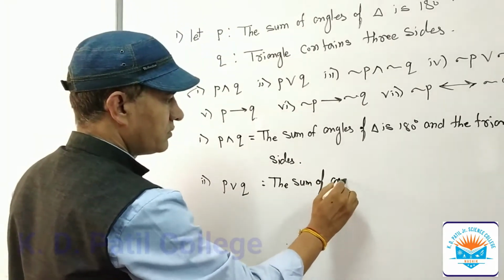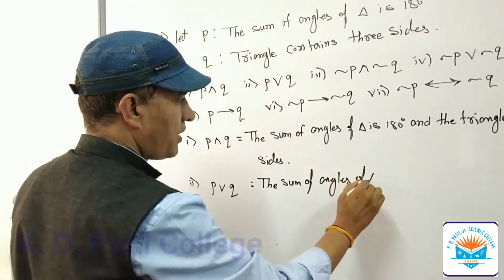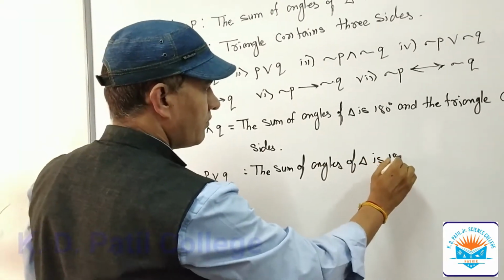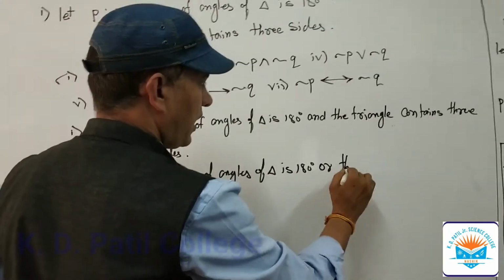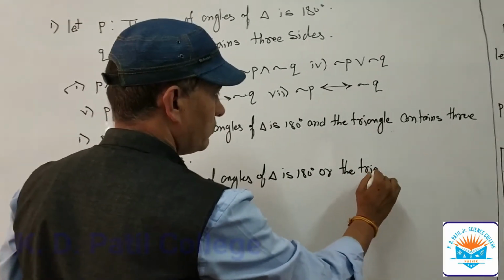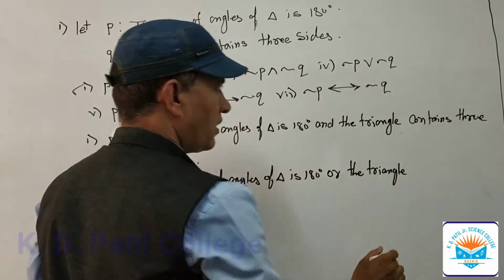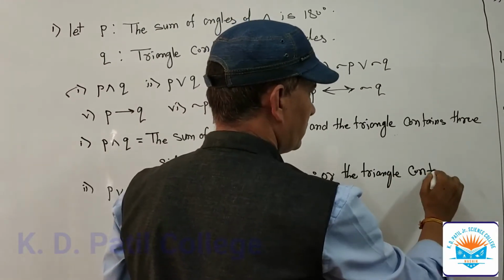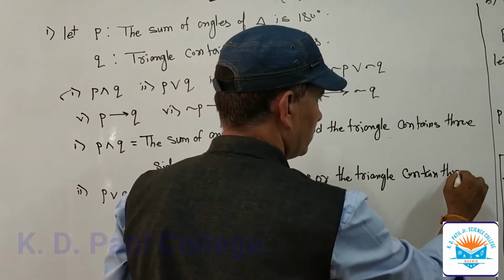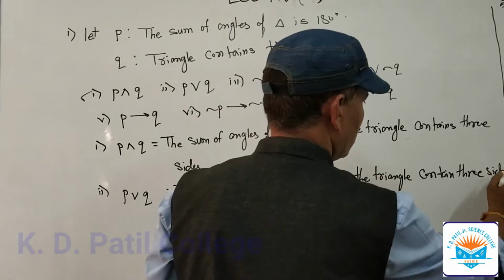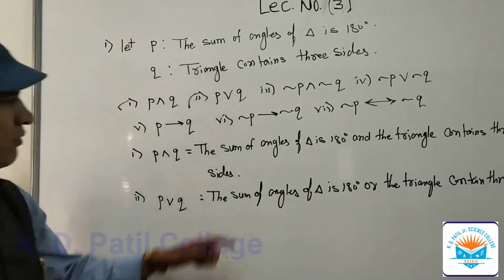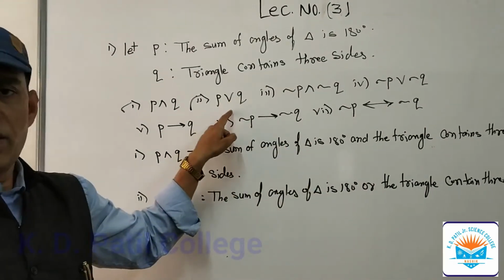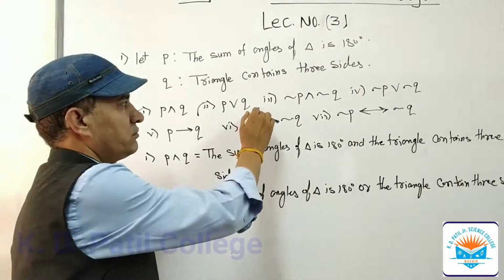In place of and we are going to put or. Now in the first and second examples, why are we using and, or? Because we have conjunction and disjunction.